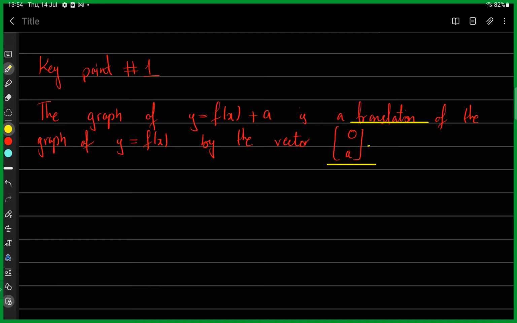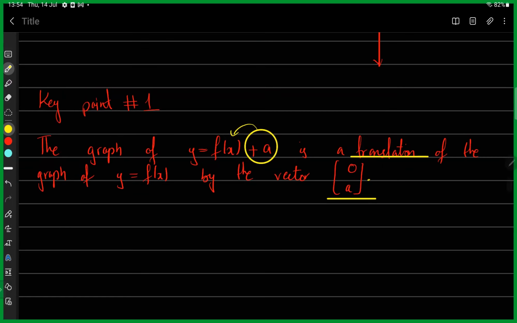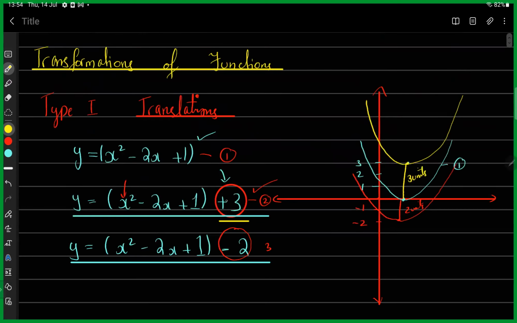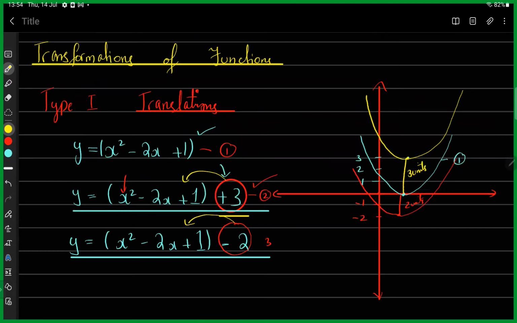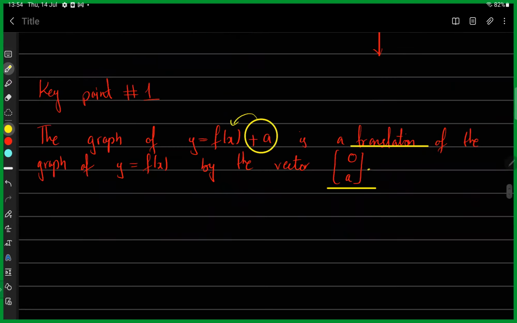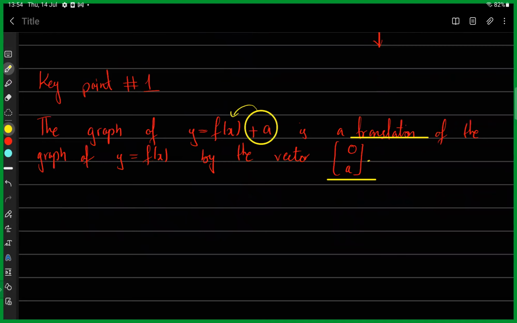Okay, now what has happened over here? We have added a to the function. How? Just like this, I added this positive 3 to the function. I subtracted this negative 2 in the function, right? Similarly, whenever you are adding any number in the function, the graph would basically be a translation of the original one.